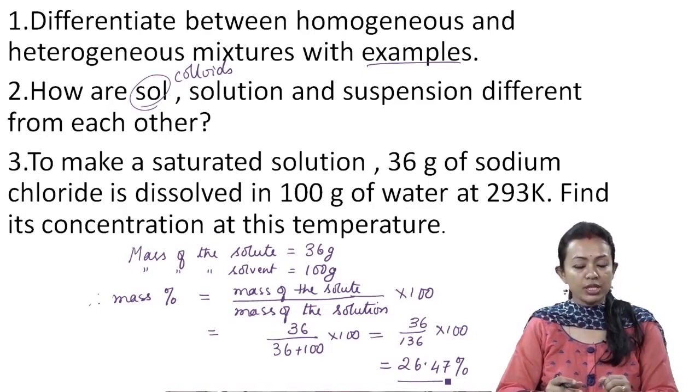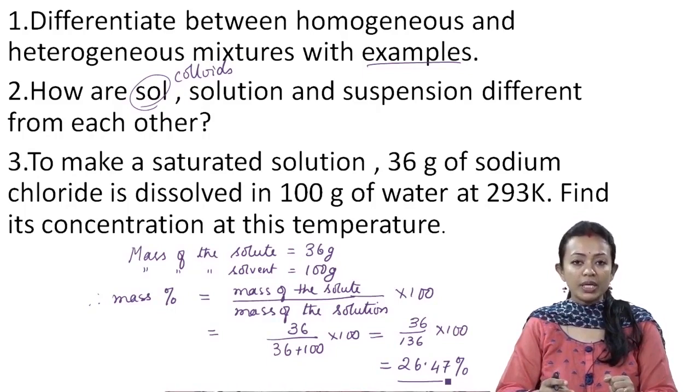Mixtures can be homogeneous where they have uniform distribution, and non-uniform distribution are termed as heterogeneous. In homogeneous, we saw and learnt about solution, whereas as examples of heterogeneous mixture, we learnt about suspension and colloids, and in detail we learned about their properties.